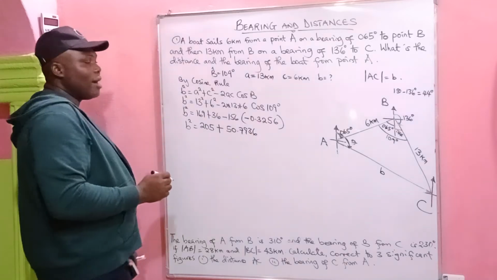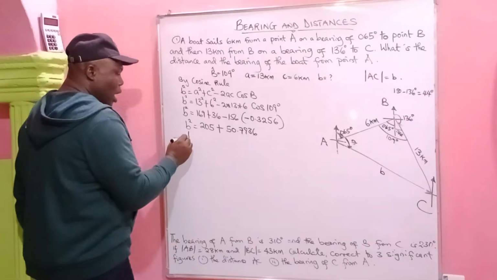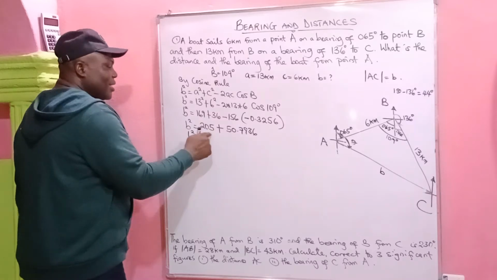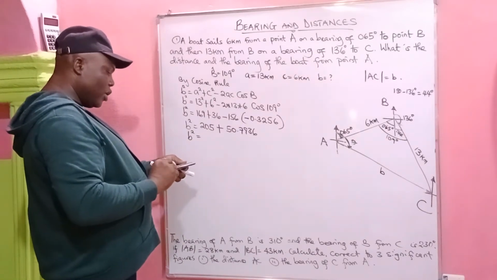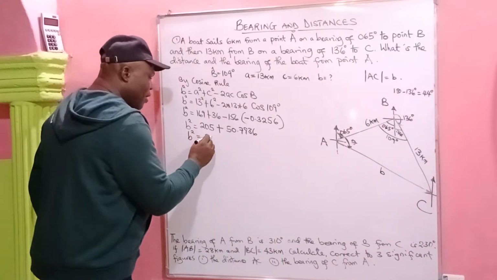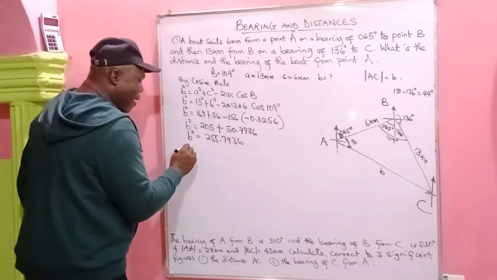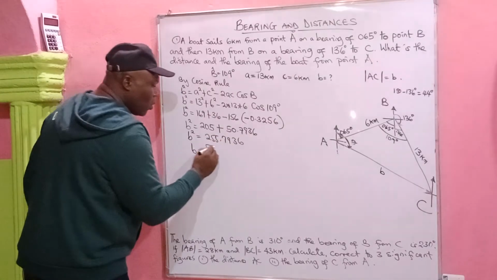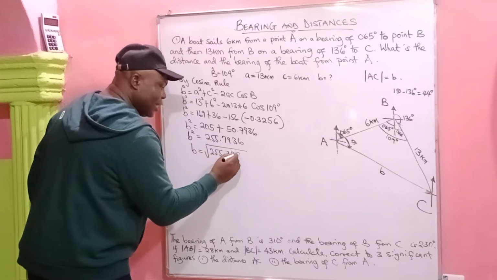So that's what we have. So if you multiply this by this, you have a positive. So our b squared will be to add this answer to 205. So we add that to 205, and we are simply going to have 255.7936. Our b alone will now be the square root of 255.7936.